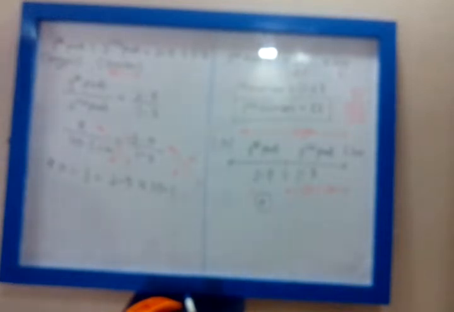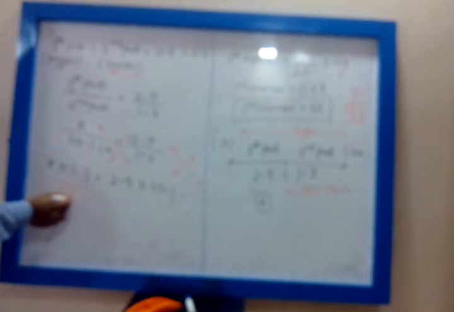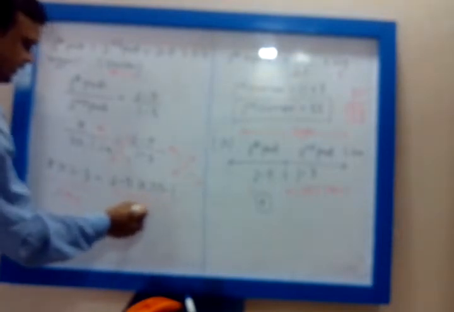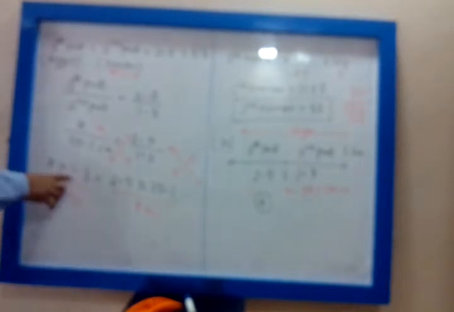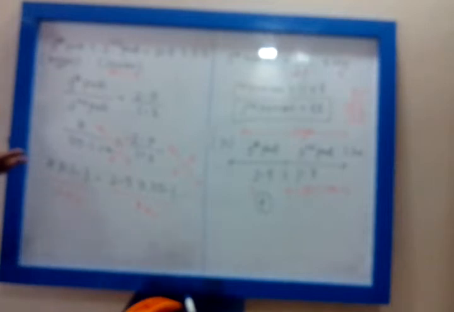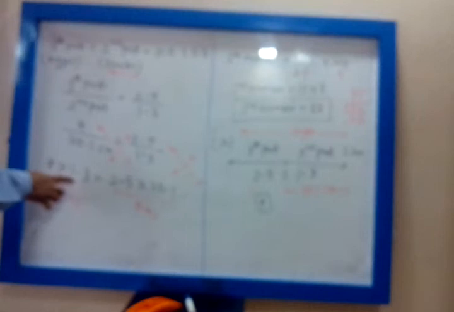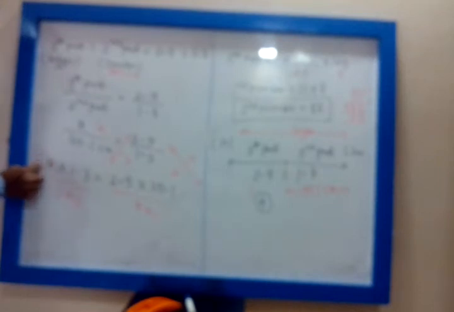Is it clear? This is my left hand side and this is my right hand side. Now 1.3 is there in the multiplication on the left hand side, and you want to find x.